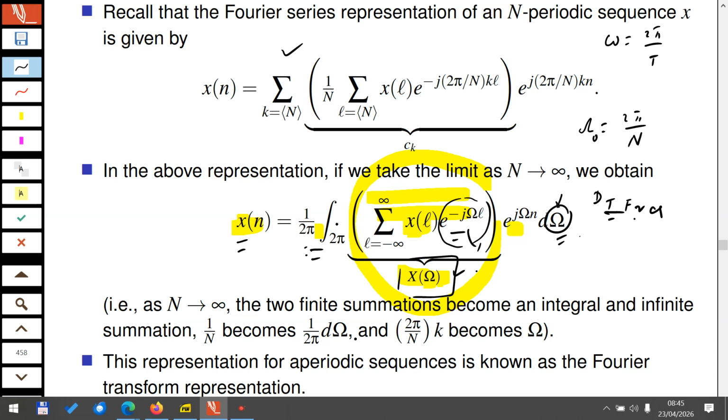And one more thing, why do you have this 2 pi? What does this actually mean to have a 2 pi as the lower limit? I wouldn't call it a limit.